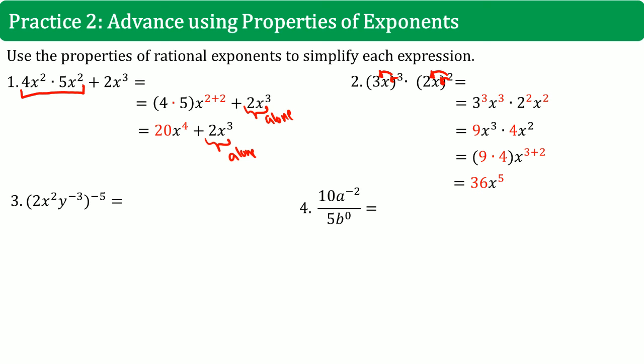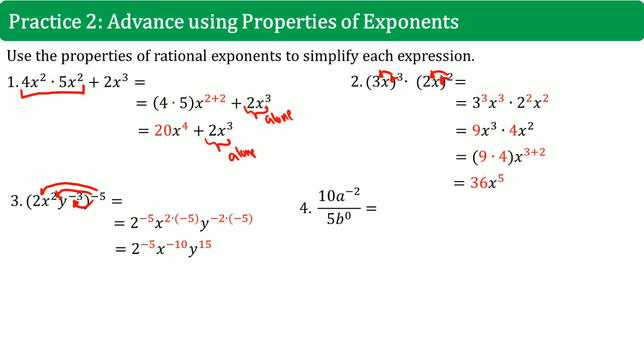Number 3. We saw the negative 5 as the exponent. So I'm going to distribute it into all the terms: to the 2 term, to the x squared term, and to the negative 1/3 term. So 2 to the negative 5th power, I leave alone so far. And I have x to the negative 10 because that's 2 times negative 5. And I have y, negative 2 times negative 5 is positive.